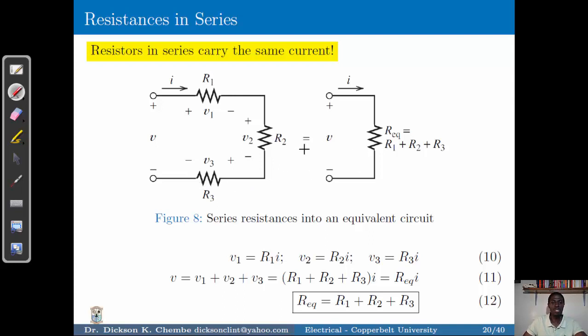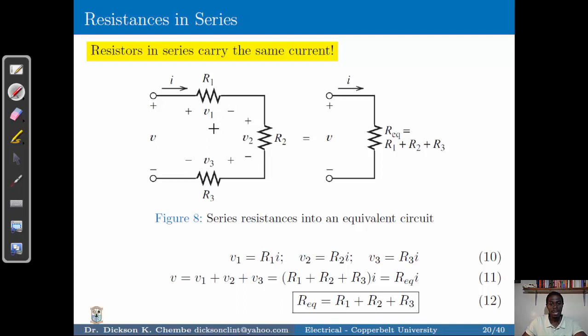You also notice that there's a voltage drop across each resistor, and by convention, where the current enters the resistor, you've got the positive terminal, and the other side is the negative terminal.